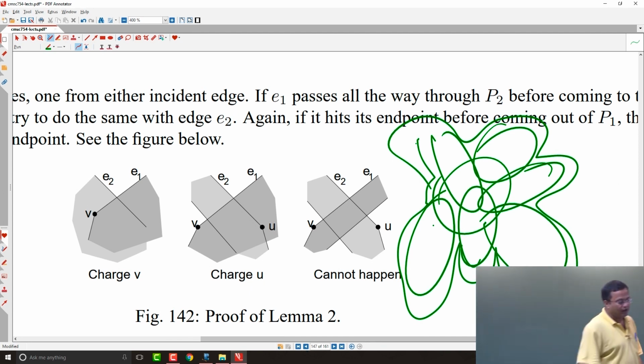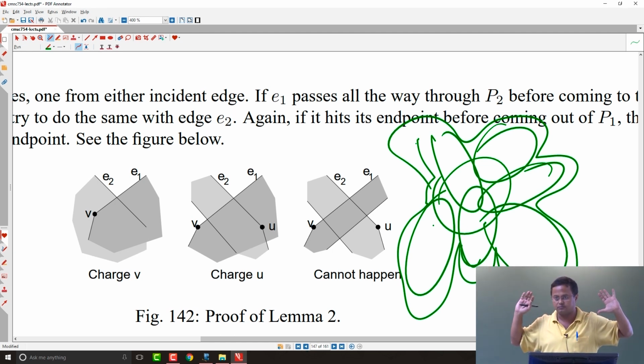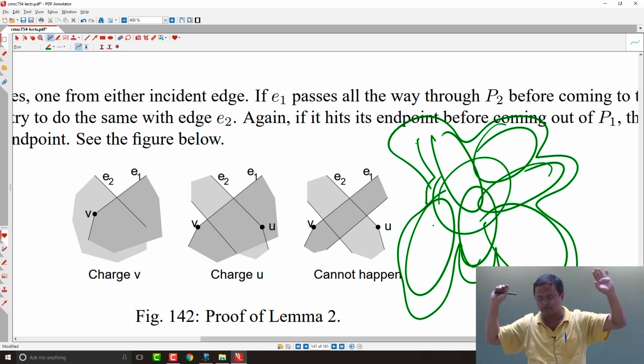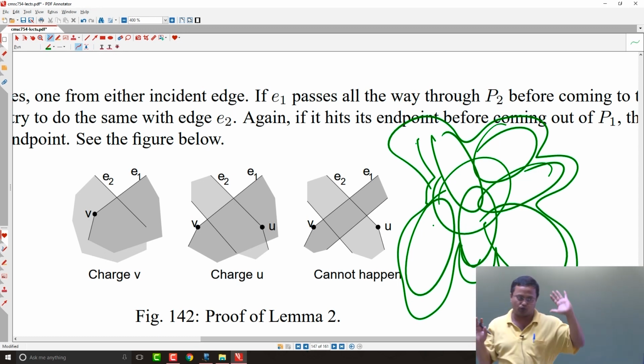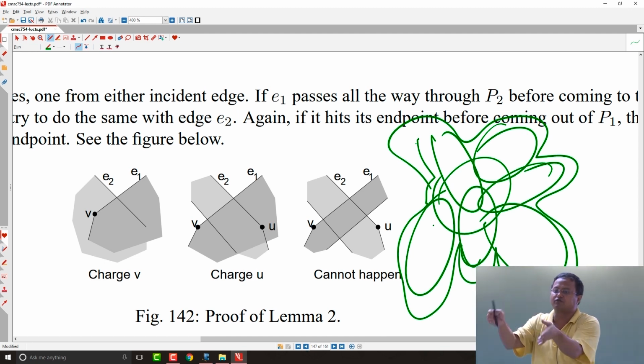Okay. To do it, I do as follows. This is kind of a charging argument. So, this union will have what kinds of vertices? Some vertices will come from the original polygon, right, and some vertices will come from the intersections. Vertices which come from the original polygon, charge them, right. So, there are two kinds of vertices, one which comes from the original polygons, the others which are formed because of this intersection of pseudo disks.